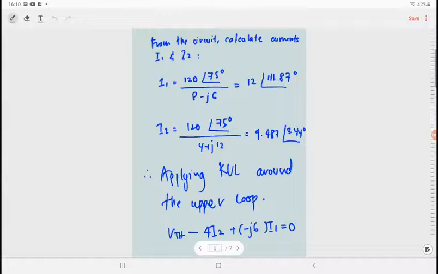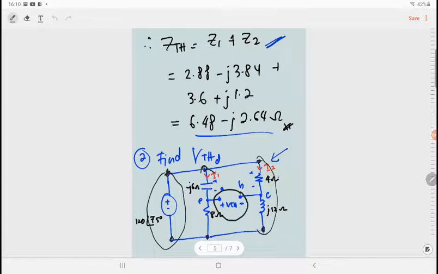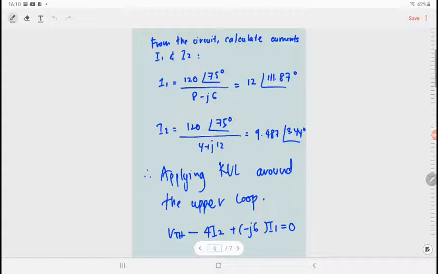And then I2, which is over here. I2 is our voltage source value divided by 4 plus j12, which is equal to 9.487 at 3.44 degrees.